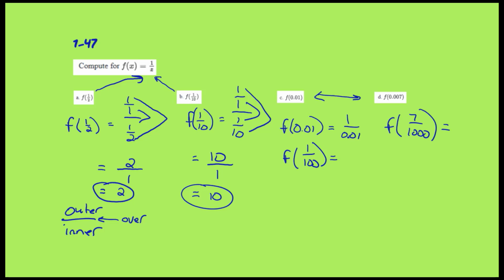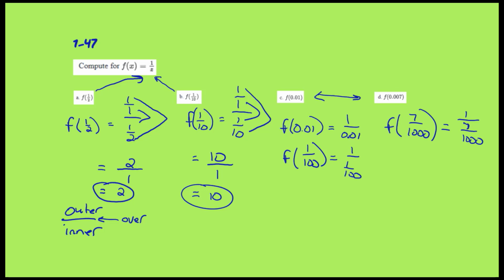So what I'm going to do is have you stop the video right now. Go ahead and solve those two. Use whatever method you want, because this will be 1 over 1/100, and this will be 1 over 7/1000. Okay, so go ahead and take a moment to solve those, and I will help you.